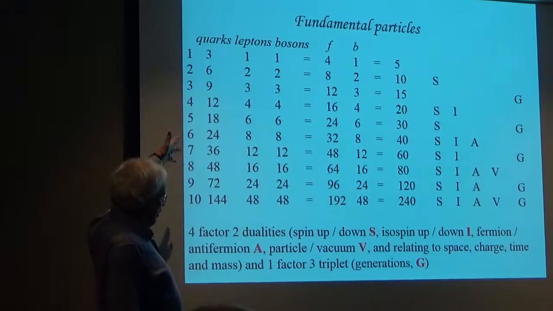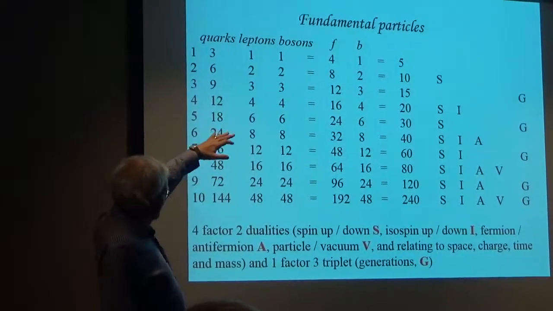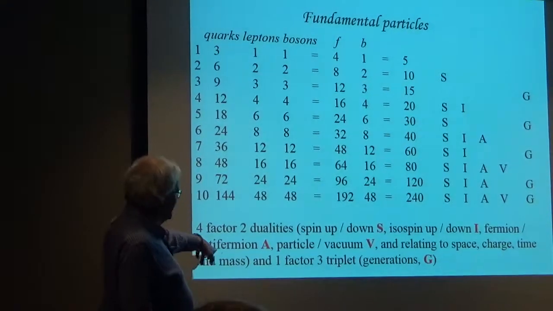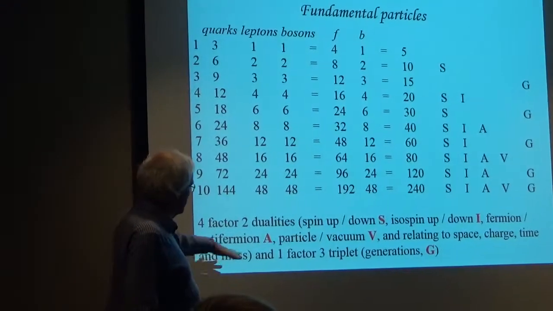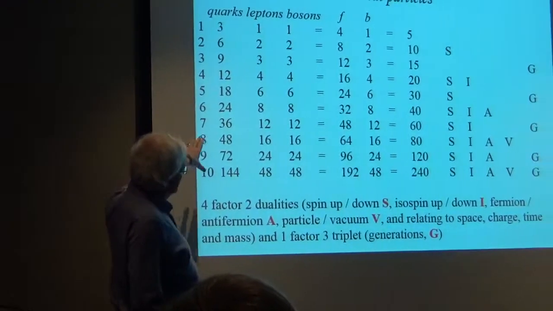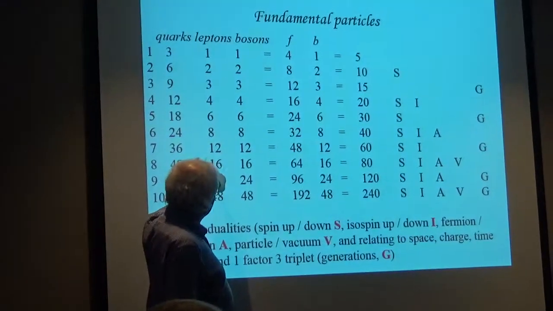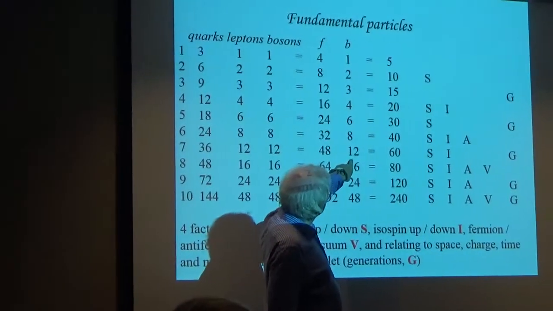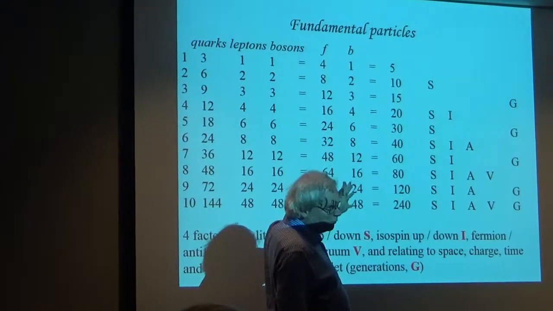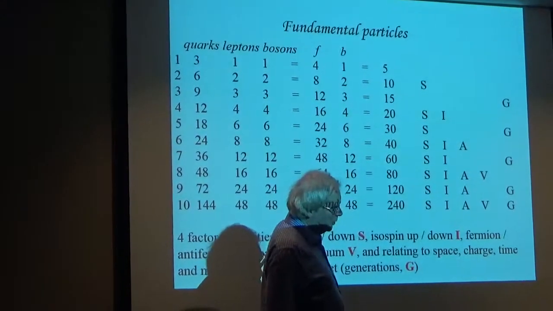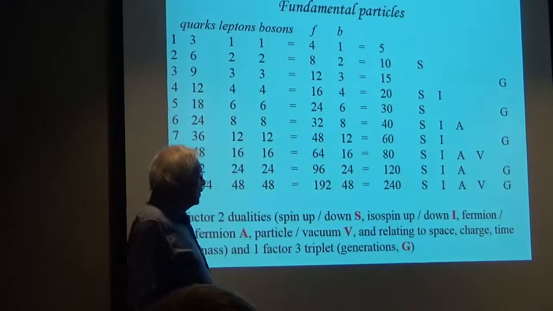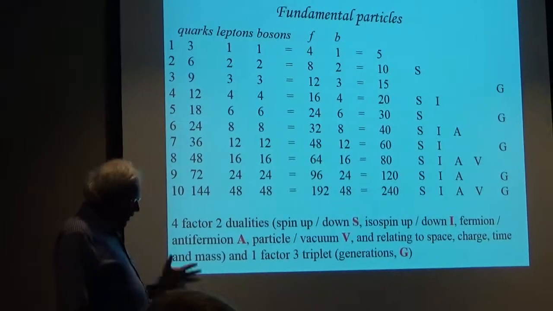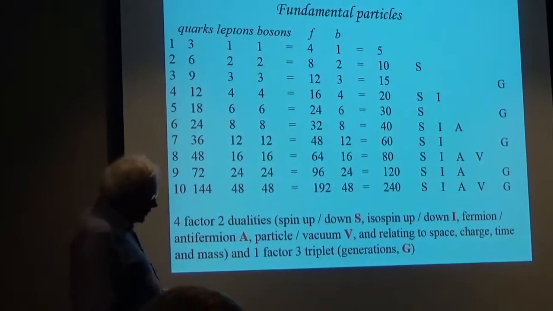And you can do it in any order you want. So probably isospin should come before spin. You've got 4 factor-of-two dualities because you've got 4 parameters. You've got 3 generations, and you just build up your particles here. This is the standard one, 48 fermions, and 12 bosons. And if you can put bosons and fermions in the same table, as has been done, then if you take all the 48 fermions, and then you take spin up and spin down, you get 96.